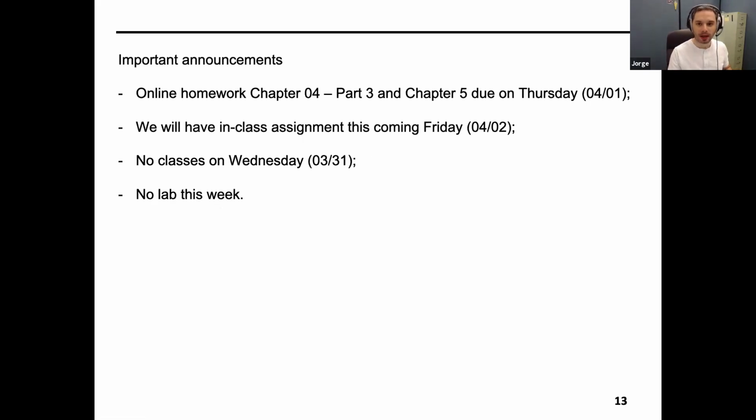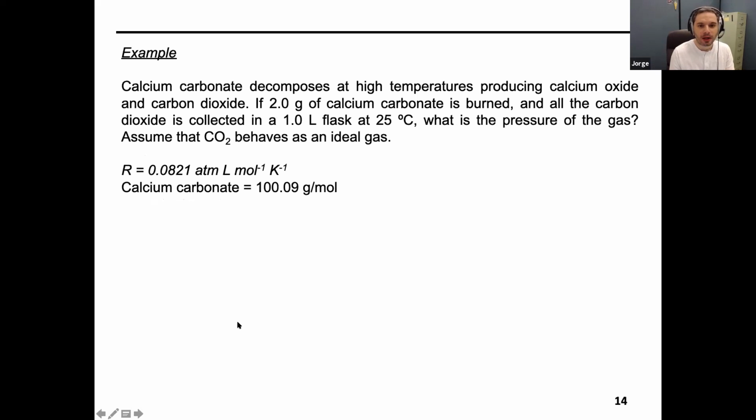Okay, let's pick up where we left on Friday. So we need to tackle this second example that we did not have time to finish on Friday. So let's recap here really quick. Calcium carbonate decomposes at high temperatures, producing calcium oxide and carbon dioxide.